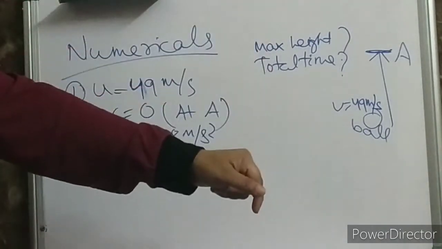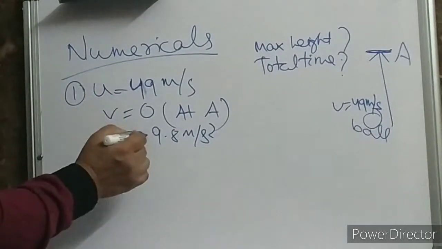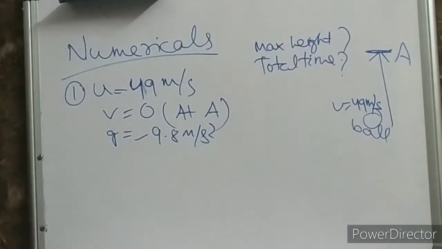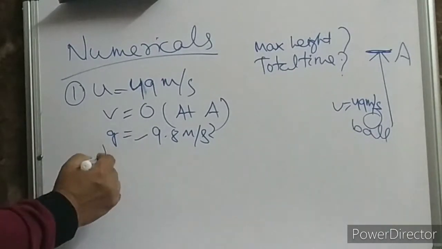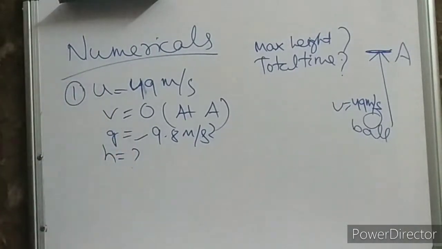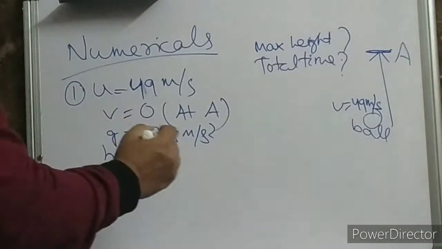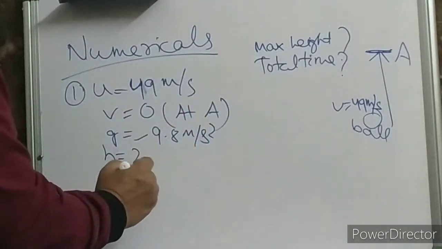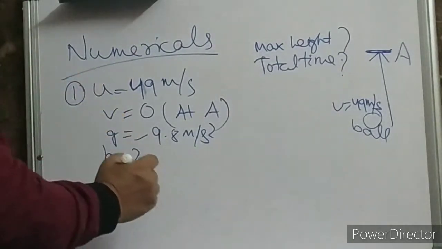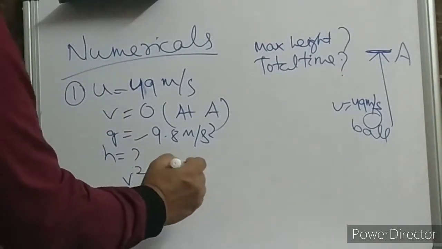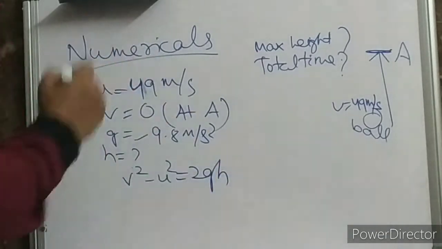Gravity is downwards, that means this is negative. Clear, children? So what you have to find out? Maximum height, that means h. Which equation of motion will you use? Easy. We will use v square minus u square is equal to 2gh.